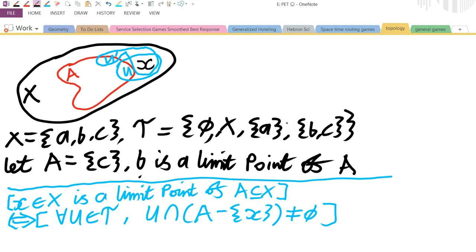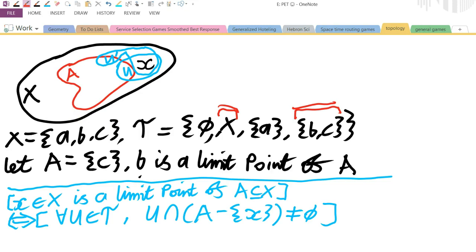Well, because every open set which contains b, namely this one and this one, contain a point of A. They contain point c.